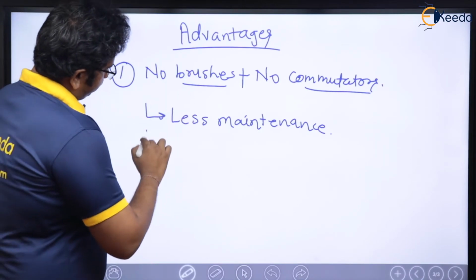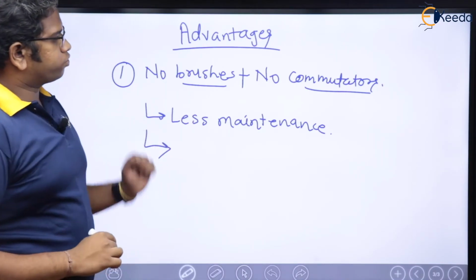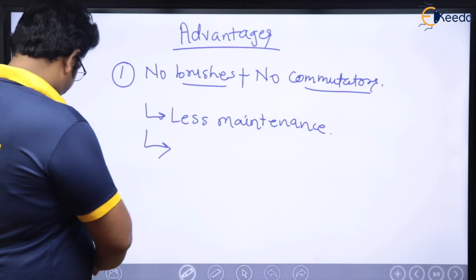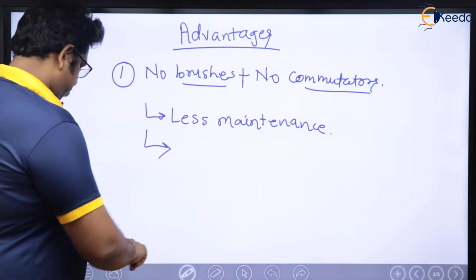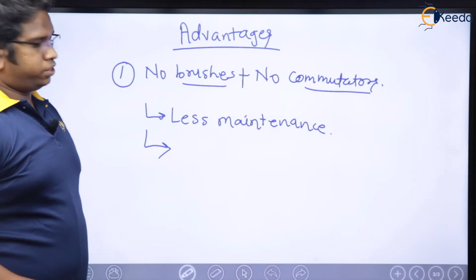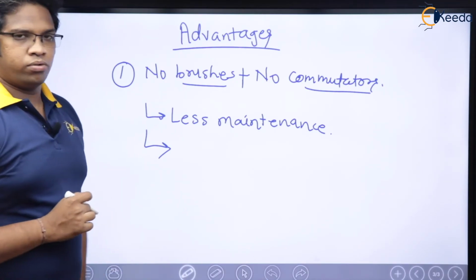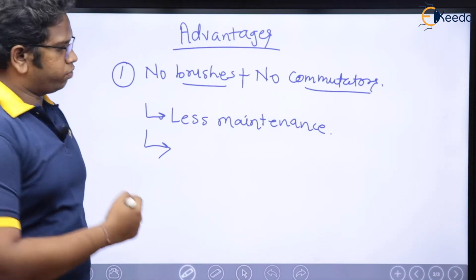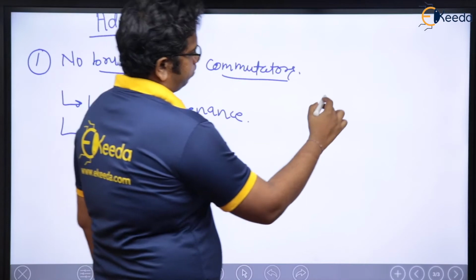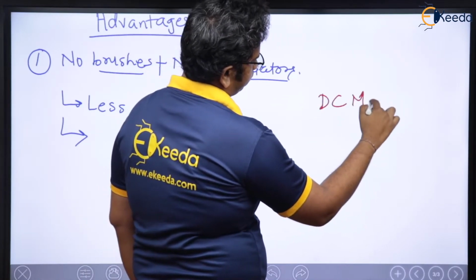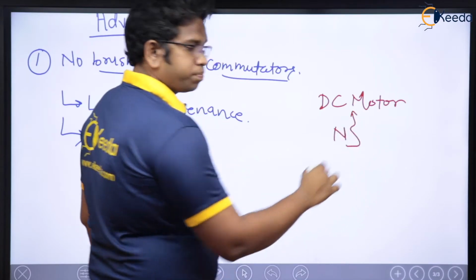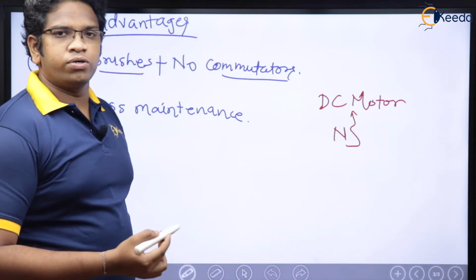This is the first advantage. Then the other advantage related to the same thing is going to be what? If you try to rotate a conventional DC motor at some higher speeds, then what is going to happen?